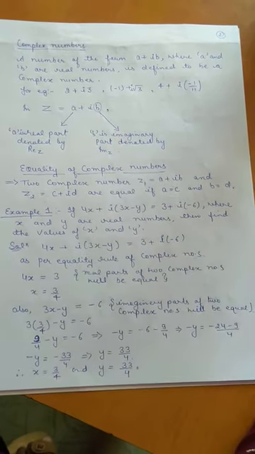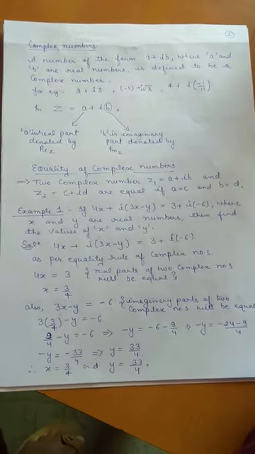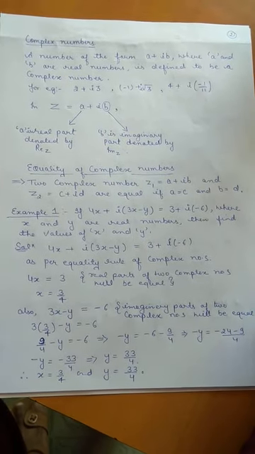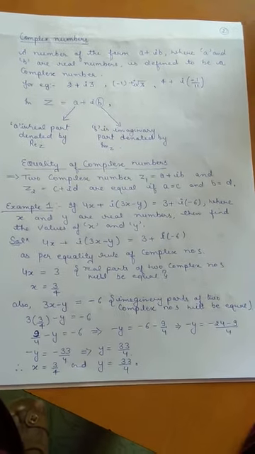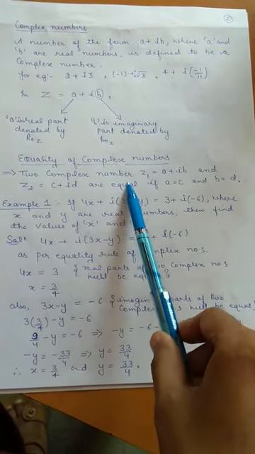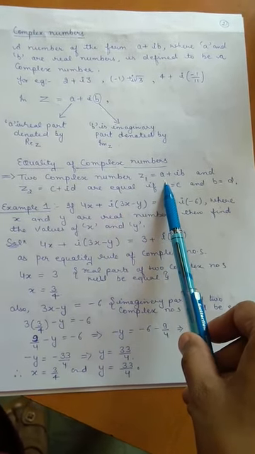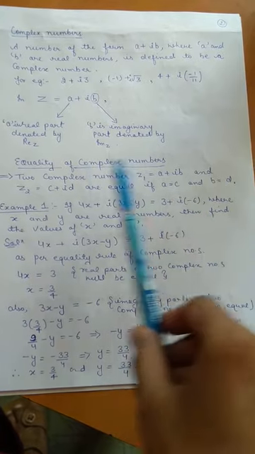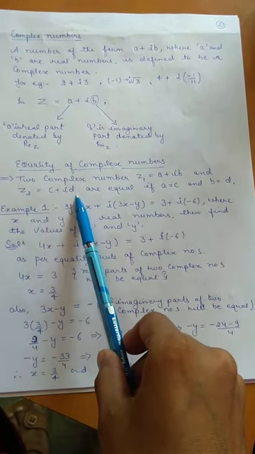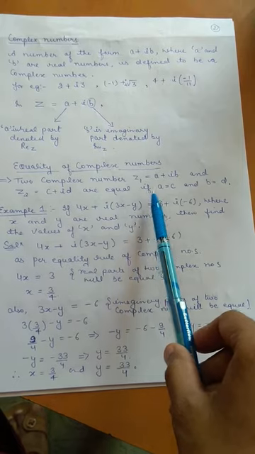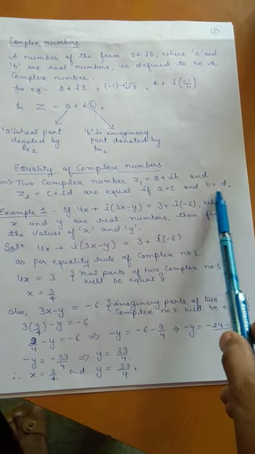Now I would like to tell you the concept of equality of complex numbers. How can two complex numbers be equal? Two complex numbers z1 is equal to a plus iota b and z2 is equal to c plus iota d are equal if a equals c and b equals d.